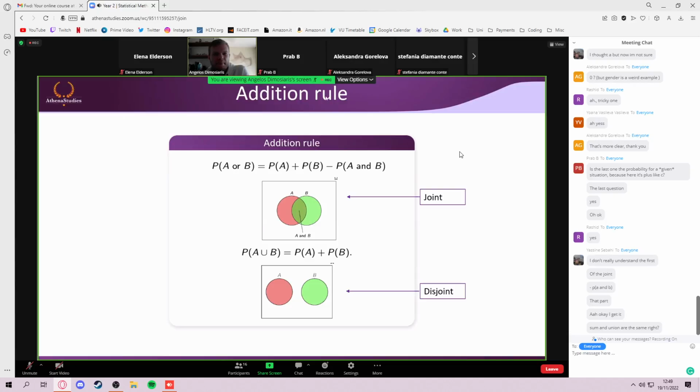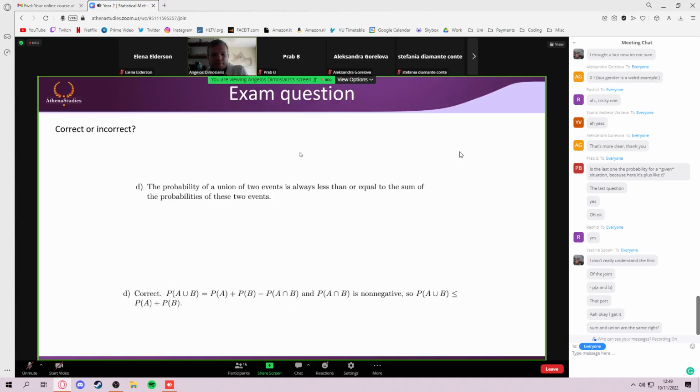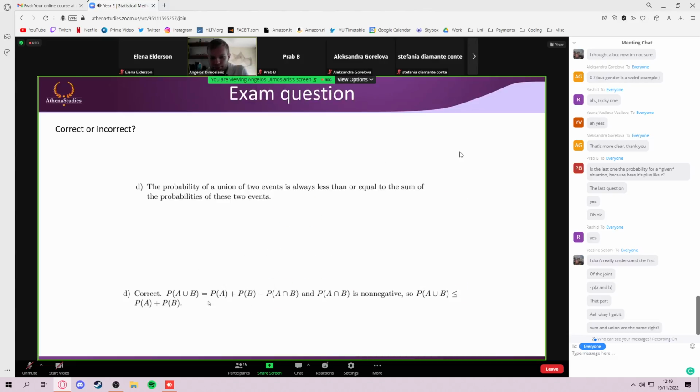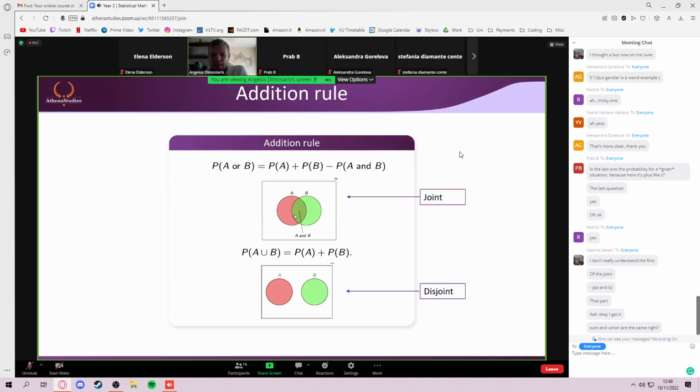Does it make sense? I mean, there's the mathematical way, but I think the graphical way is easier to understand.